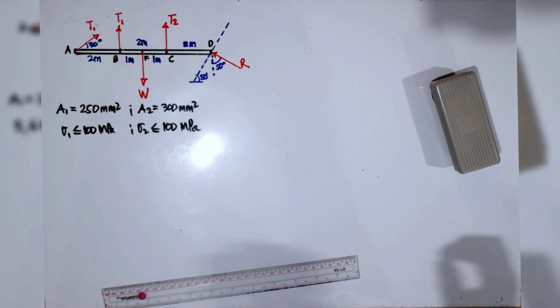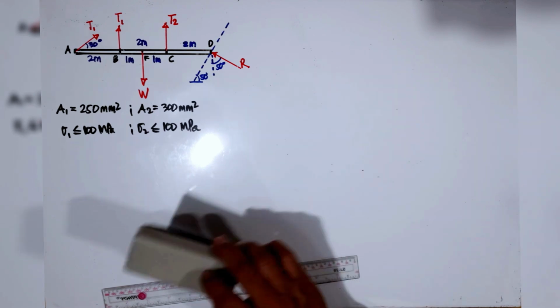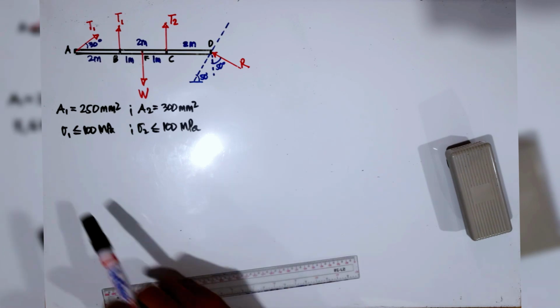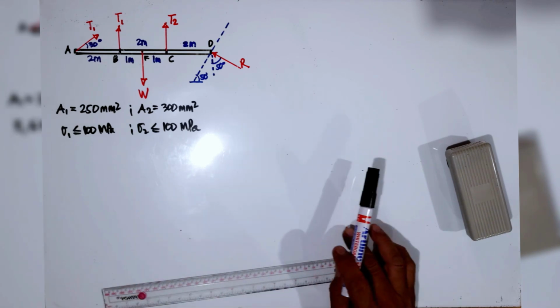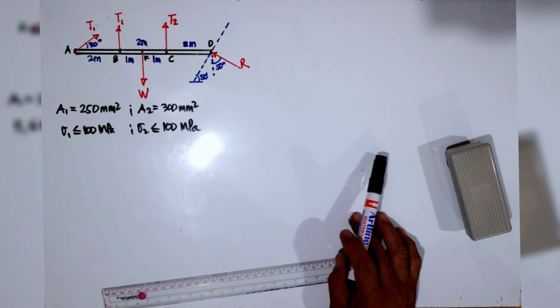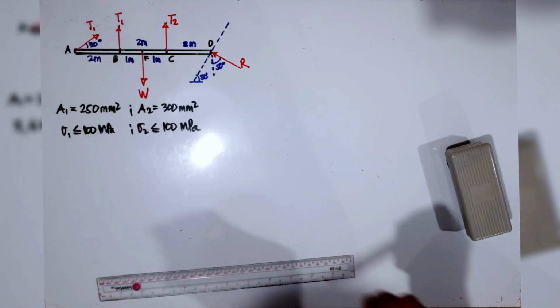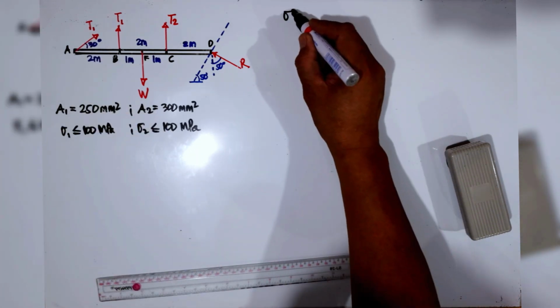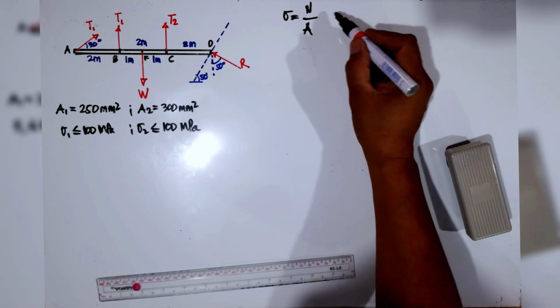Okay? So some students would find this one easy because we're given area and stress. That means we can solve for the normal force. These values will easily give us the value of T sub 1 from the stress formula, normal force over area.